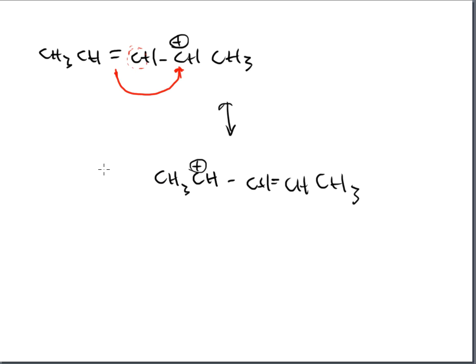Once this number 2 forms, right? So here's the number 1 structure and the number 2 structure. What do you think is going to happen? Folks, the rules of delocalization don't change. We have a pi bond on the right-hand side, and the neighbor next door is a positive charge. And we get movement again.